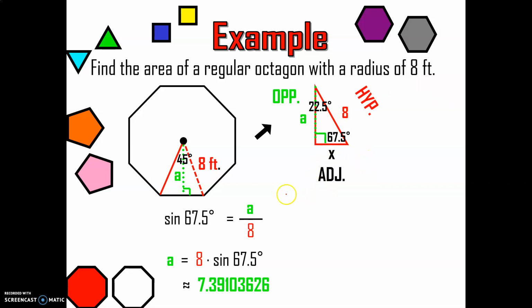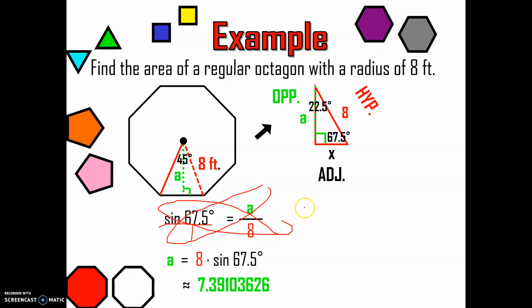So the first problem here is going to be to find our apothem. Since we're using the opposite and the hypotenuse values here, we write sine 67.5 is equal to A over 8. Now I'm going to put a 1 under the sine of 67.5, and then do a little cross multiplication.